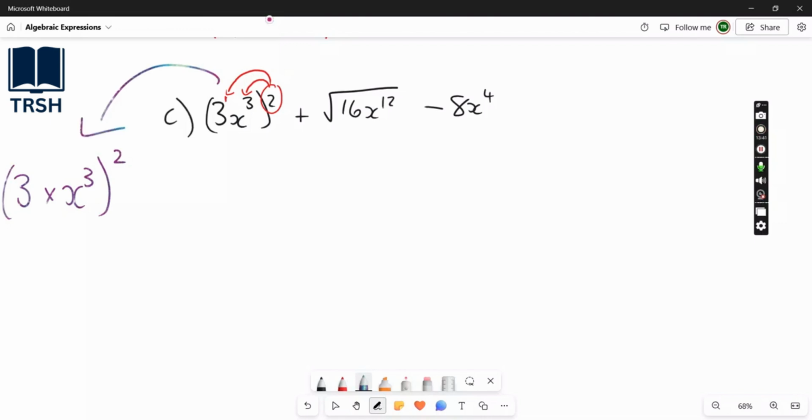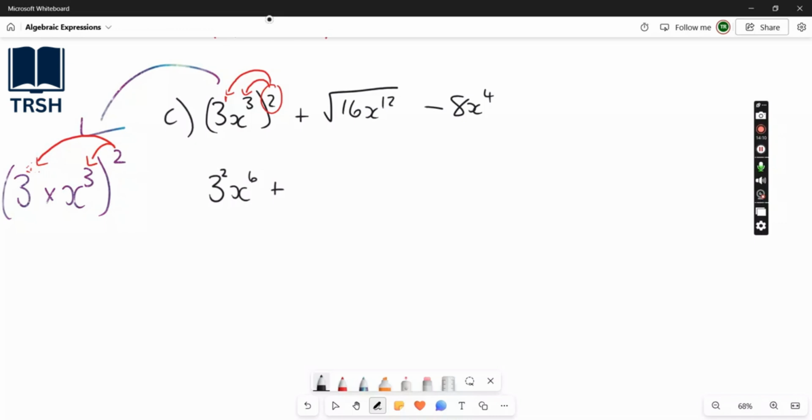So all the outside exponents multiplied with all the inside exponents, we're going to say 2 multiplied by 3, and we're going to say 2 multiplied by that invisible 1 that we have over there. So please just keep that in mind. So this will be then 3 to the power of 2, x to the power of 3 times 2, which will give us 6.